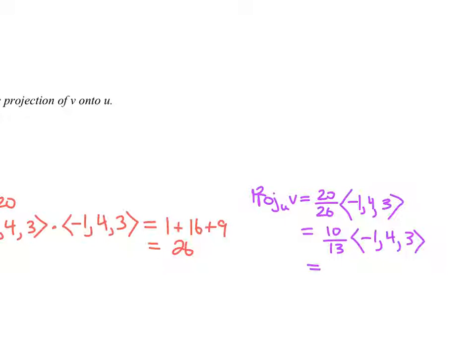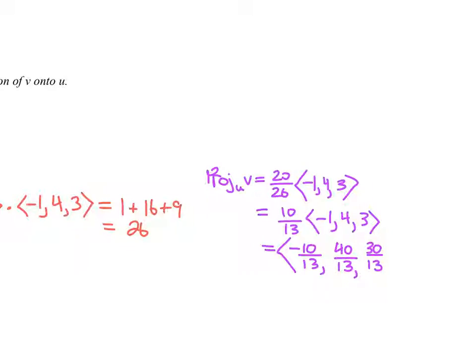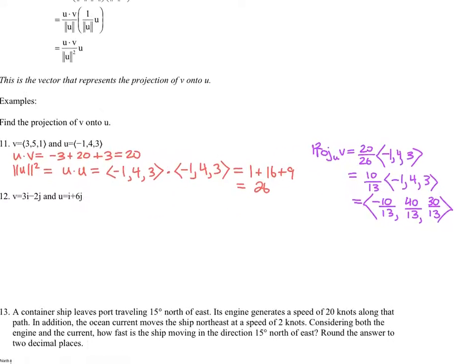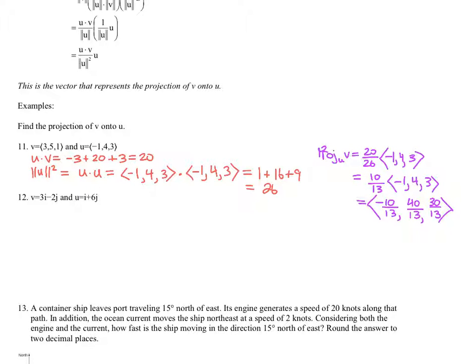And then run it through the mill, you get -10 thirteenths, 40 thirteenths, 30 thirteenths. I'll put a star on the next one. Actually, the next two.